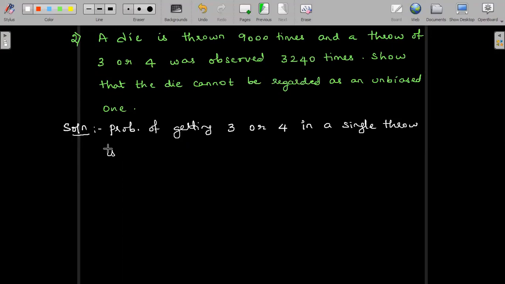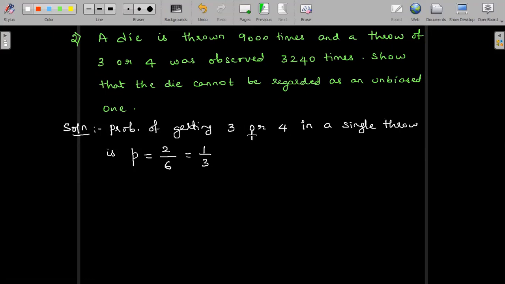is P equal to 2 divided by 6. Let me tell you how it is 2 divided by 6. We are expecting a throw of 3 or 4 on the face while throwing a single die. When we throw the die one time, we are checking for 3 or 4 to be seen on the face.